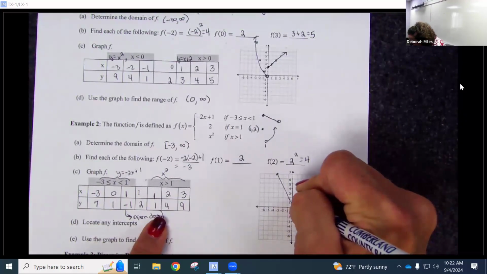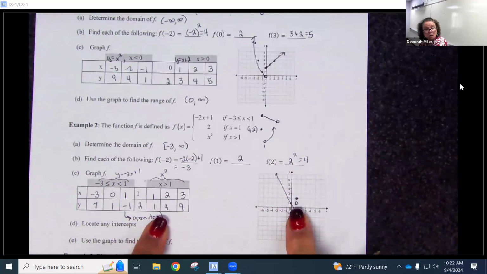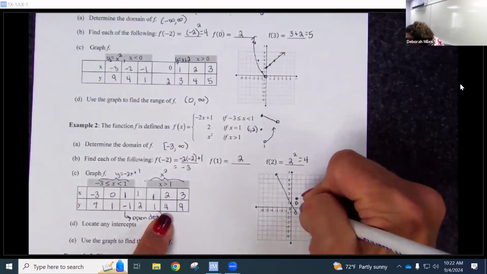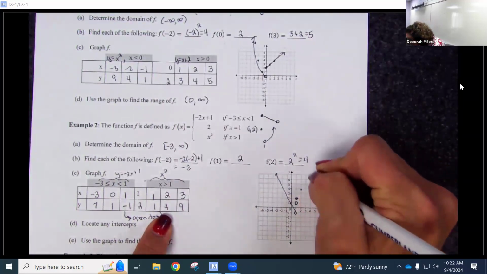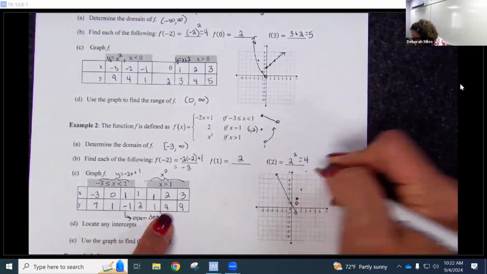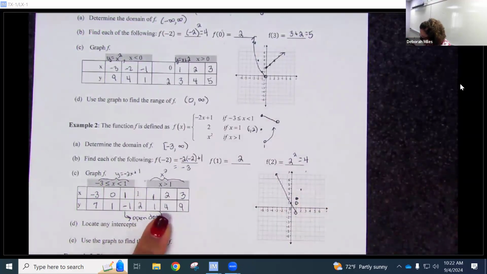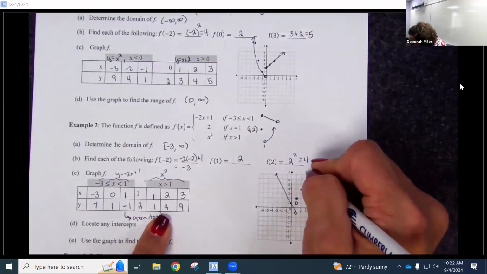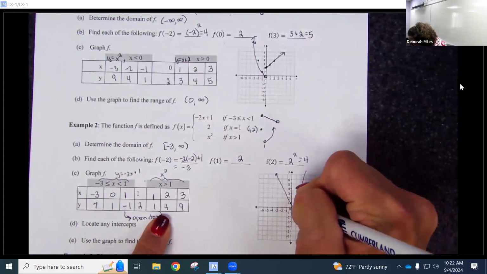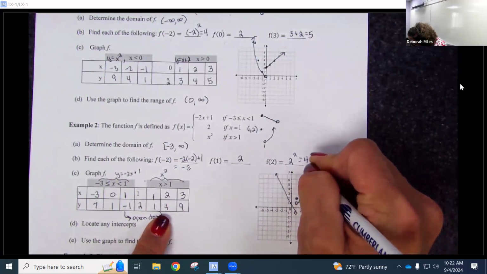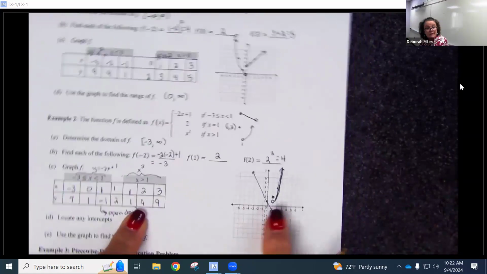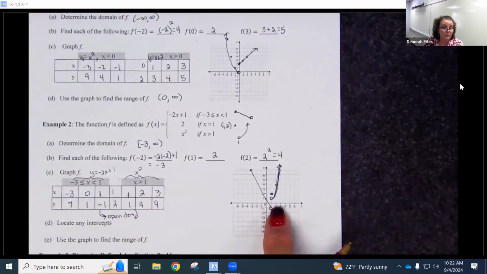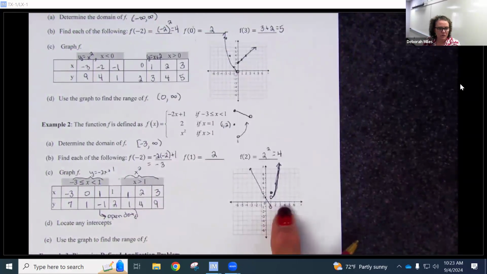And then 2, 4, 3, 9. And that's a pretty wonky parabola. But if I can tell that's a piece of a parabola, not a line, it's good enough.